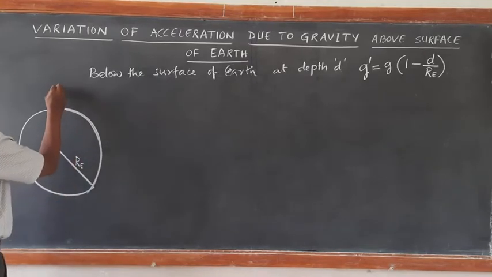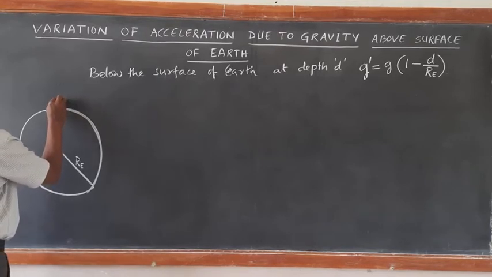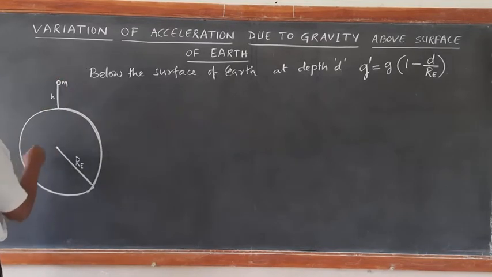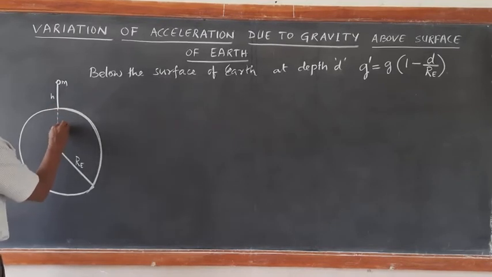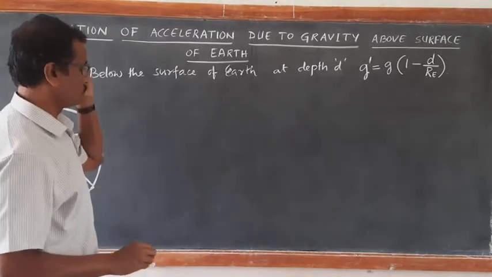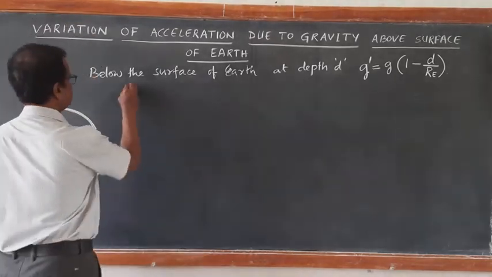Now suppose the point mass m is taken at a height h from the surface of the earth. Suppose h is the height to which the point mass m is taken. So from the center of the earth, it is at a distance Re plus h.